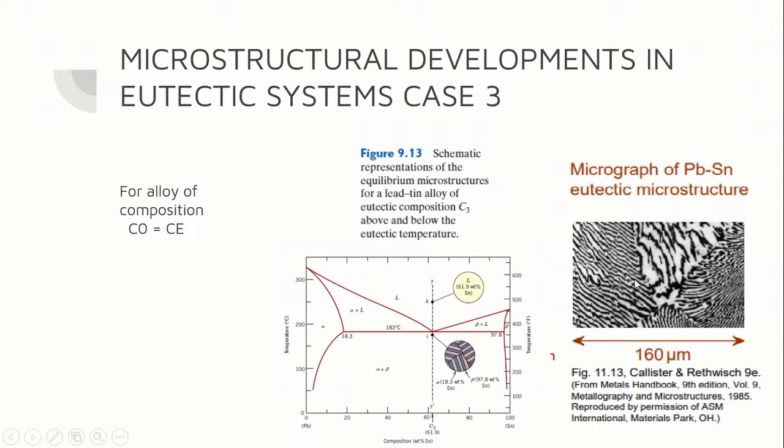This resulted from this transformation is called eutectic microstructure. You can see this micrograph from the lead-tin eutectic microstructure. As you can see, the lamellae are formed below the eutectic temperature.